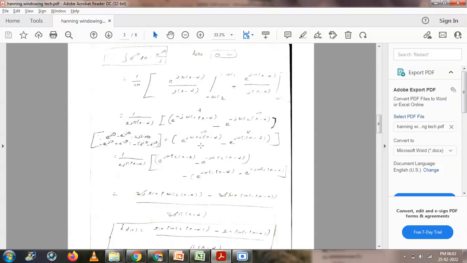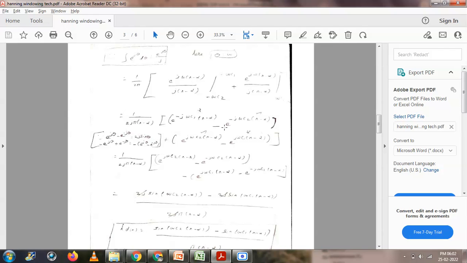So e power j omega c2 n minus alpha, e power j omega c1 n minus alpha. Then they are taking that tick mark equation, they are taking that cross mark, okay, this is equal, this is equal.